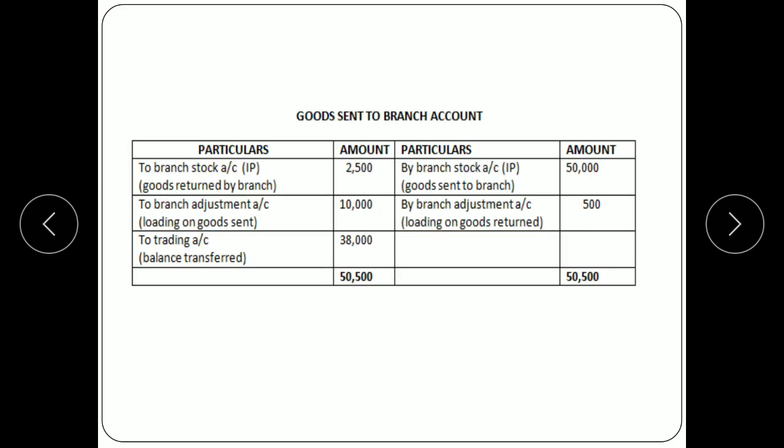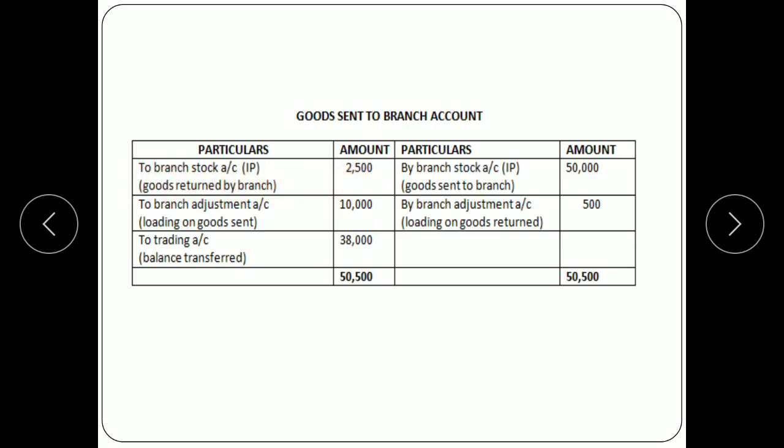Last account, goods sent to branch account. We have two entries from branch stock account. First one, on debit side, to branch stock account, that is goods returned by branch. The goods returned by branch was there on credit side of the stock account, so it has been transferred on debit side, 2,500.